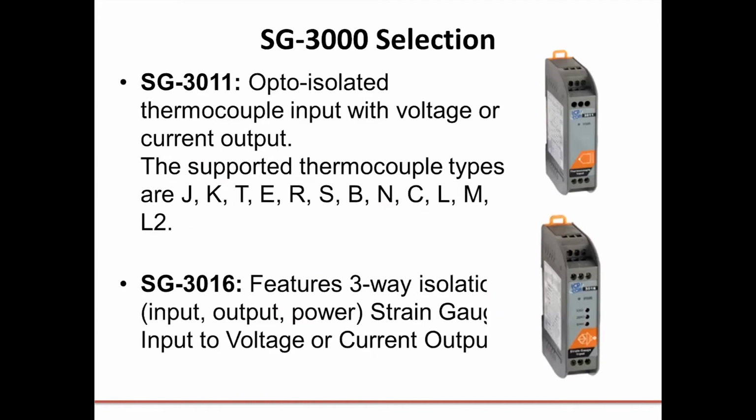SG3011 uses microprocessor-controlled high-resolution 24-bit dual slope integrating AD converter to acquire thermocouple signals and compensate for cold junctions. Temperature measurement is handled by thermocouple linearization and cold junction compensation function. Supported thermocouple types are J, K, T, E, R, S, B, N, C, L, M, and L2.